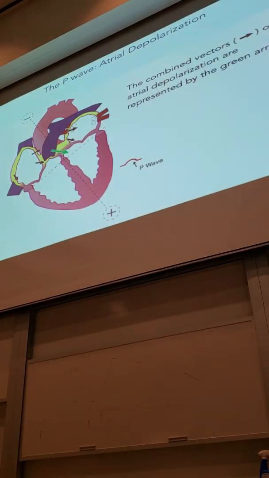If it's perpendicular, we're not going to see it. And if it's pointed towards the negative, it's going to be a negative wave. But in fact, it's pointed towards the positive. And so what we see from that perspective of the positive lead is that we have a small positive EKG deflection. The wave goes up.